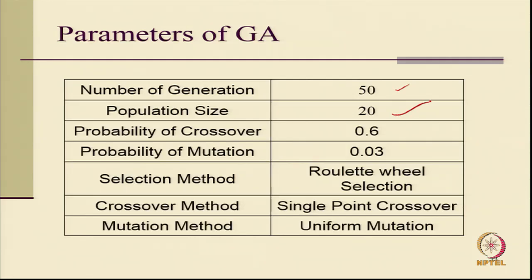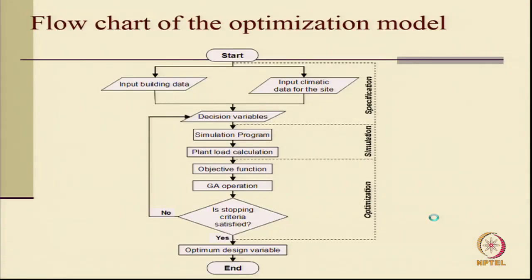Okay, so population size has been taken 20 here, crossover probability is 0.6, probability of mutation 0.03, procedure is roulette wheel selection, single point crossover and uniform mutation. You can also have double point crossover and all, here is single point crossover and uniform mutation.